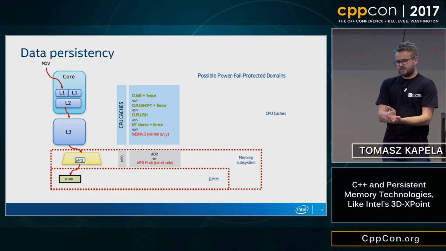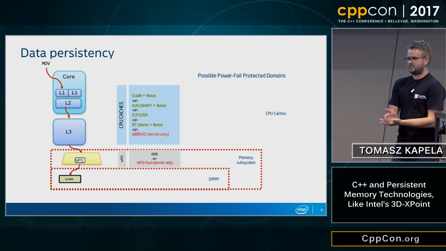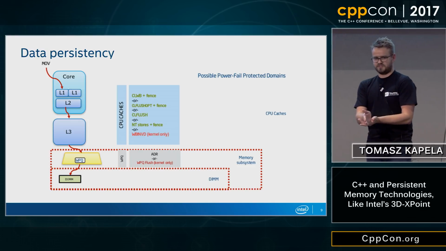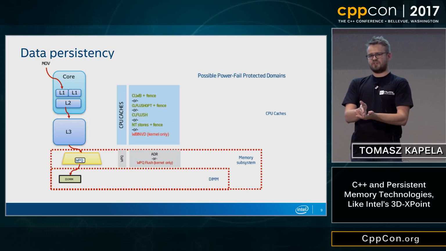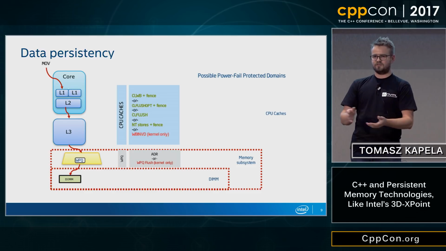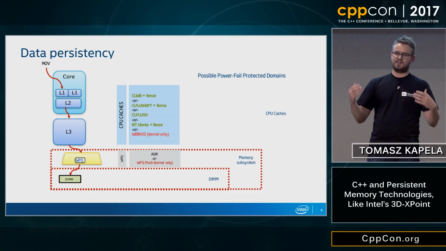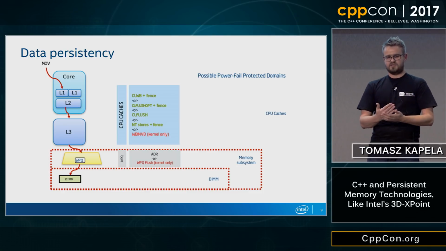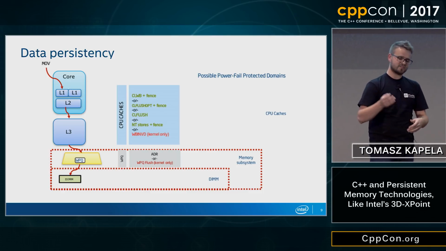So once you flush the cache line that you want to evict from the CPU cache, it hits the memory controller buffers. And historically, the memory controller buffers were not in the power failsafe domain. But all these smart guys at all the companies decided that it's going to be too hard to program if we have to manually flush the memory controller buffers. So there was an instruction for it.